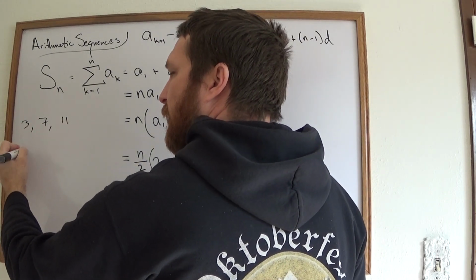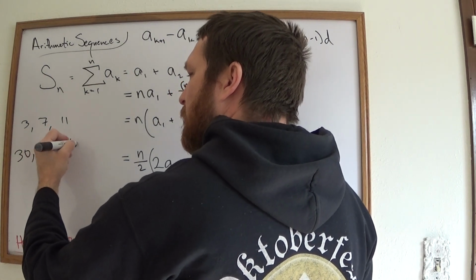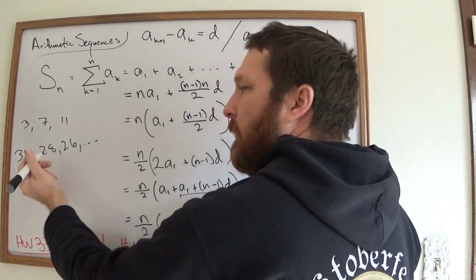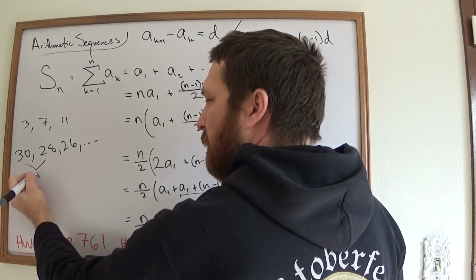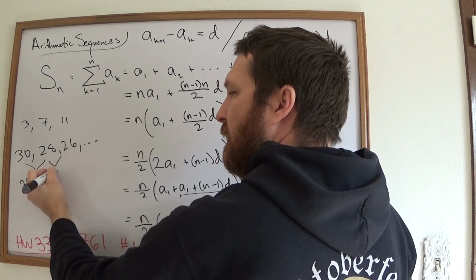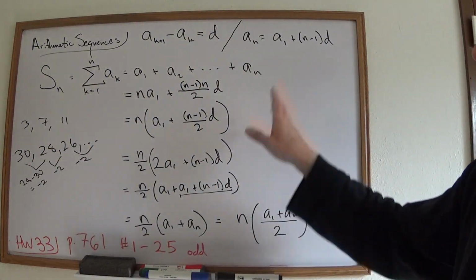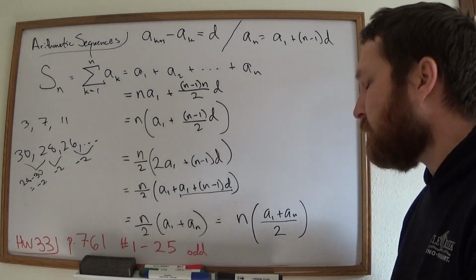You could have started with 30 and then you go, let's say 28, 26, and so on. That's an arithmetic sequence. It's decreasing, but there's a common difference. That difference happens to be a negative number. No big deal. It's negative 2 every time. The difference is negative 2, and each time it'll take off 2 more, and so on. So that's fine.